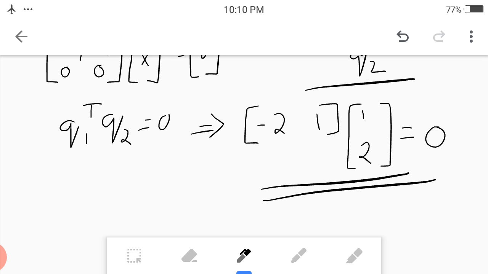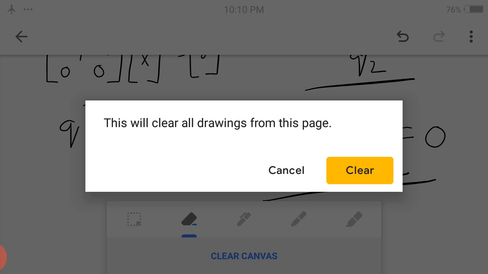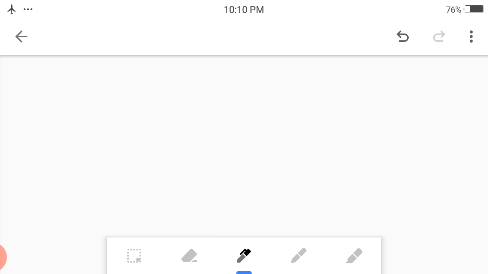Now this much background is sufficient to understand the next concept of positive definite matrices, right? So let me clear this quickly. Let's move on to positive definite matrices.